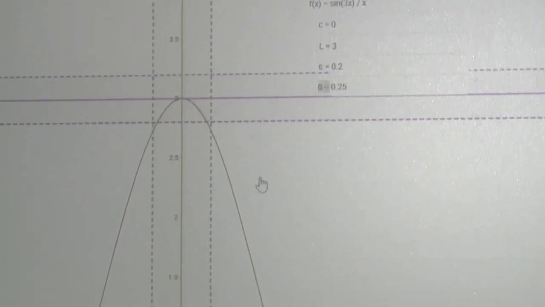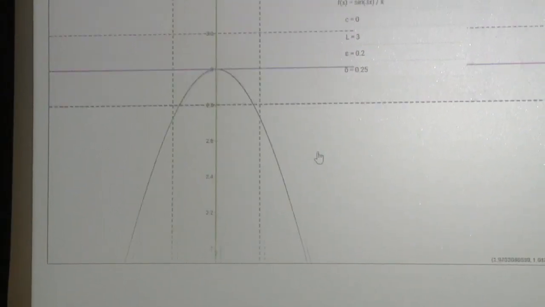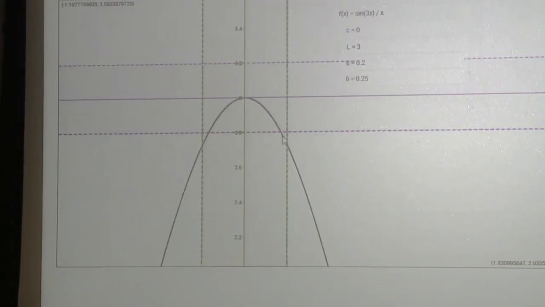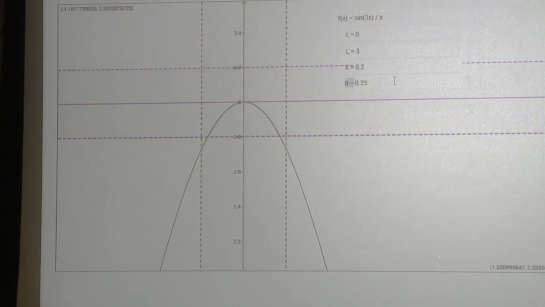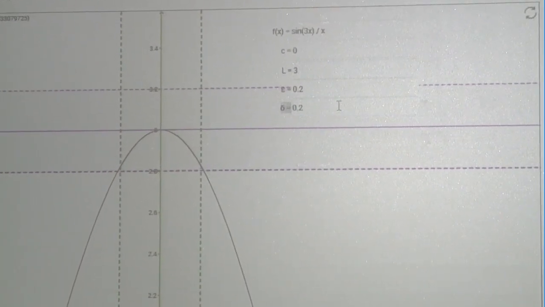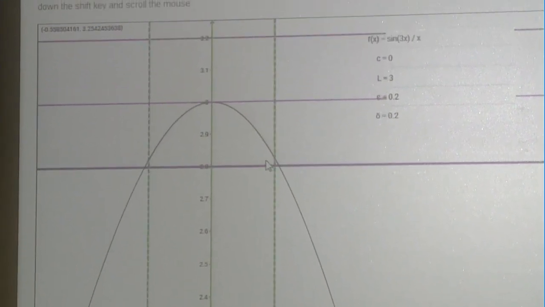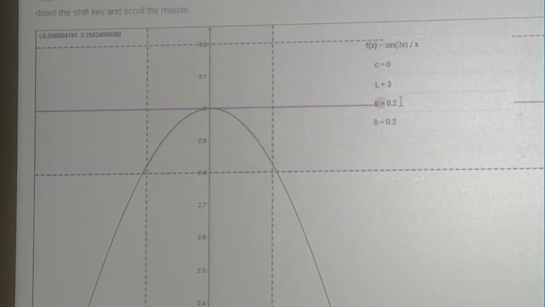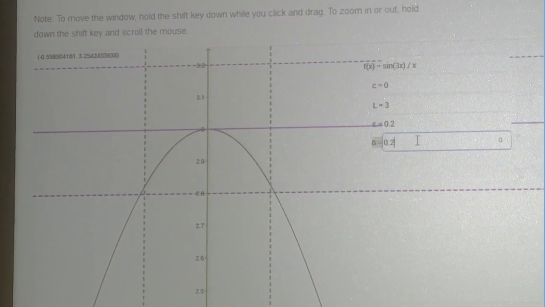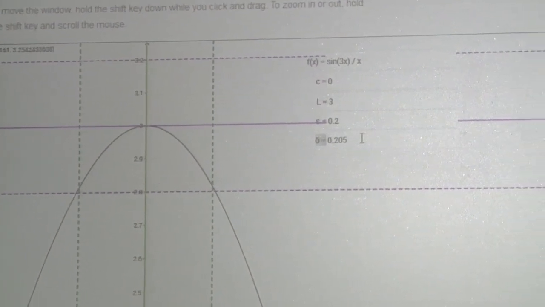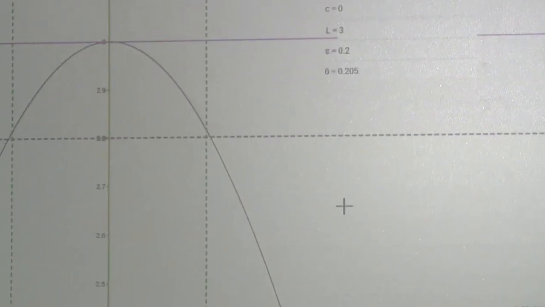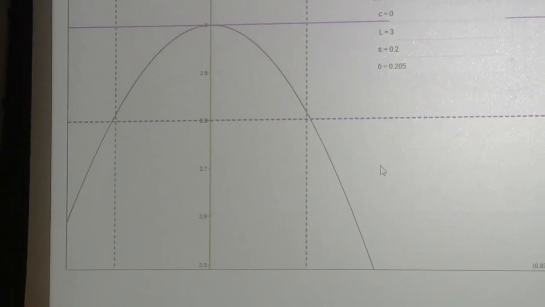0.25. No, we're getting better, but we still are too low for this little bit over here. 0.2. Yes. In fact, there's even a little bit to spare here, right? We could make delta a little bigger, so I was playing with this on my own. 0.205. Do you see that that still works?